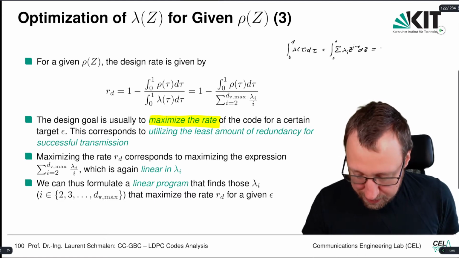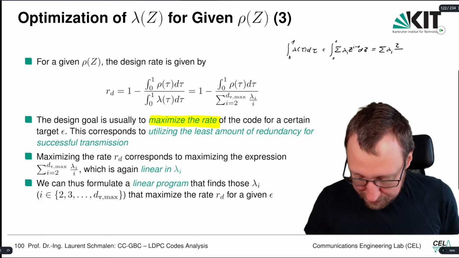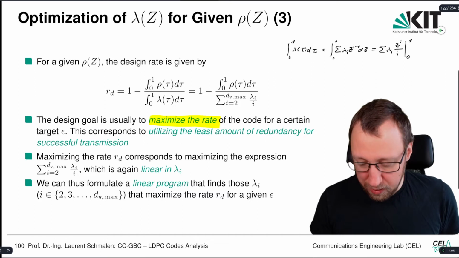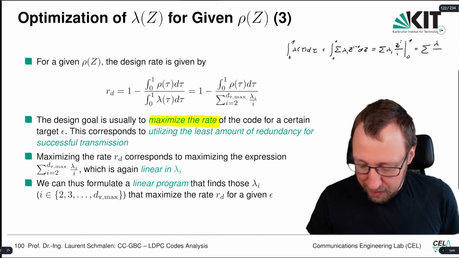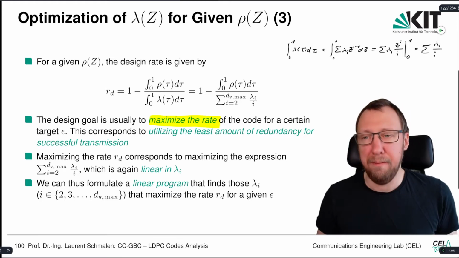So this is the same as the sum over lambda i times z to the power i divided by i, where we insert 0 and 1. So this is equal to the sum of lambda i divided by i.